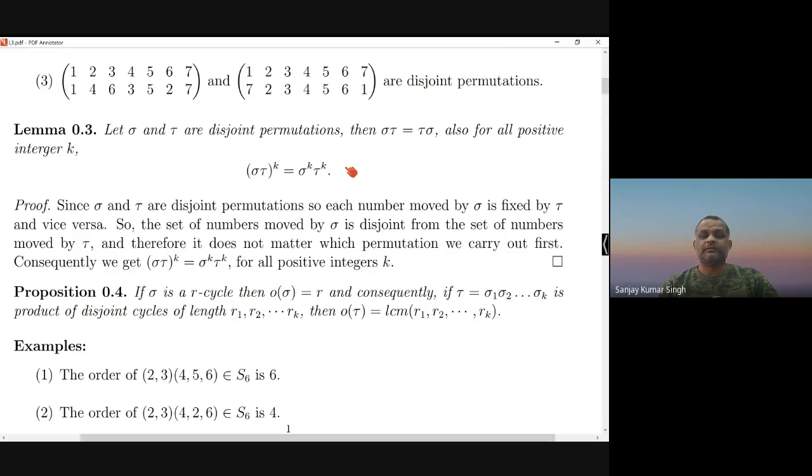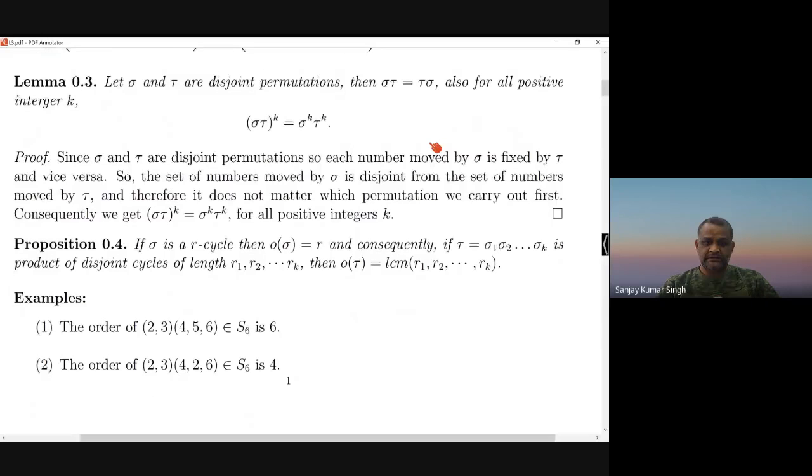The proof is very simple, and the second part is very obvious. Maybe you have already seen that in an abelian group, (ab) to the power n is always equal to a to the power n times b to the power n. So it directly follows if we prove that the commutativity property holds.